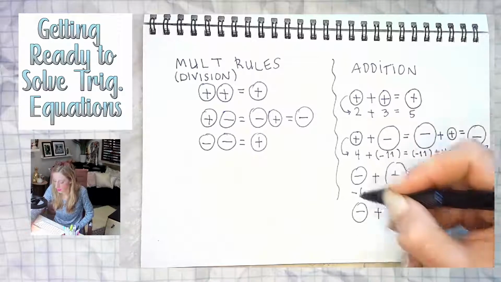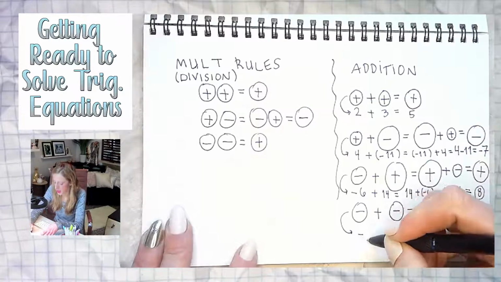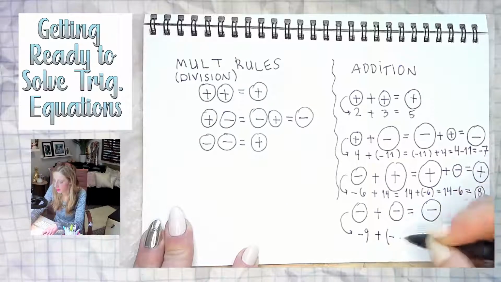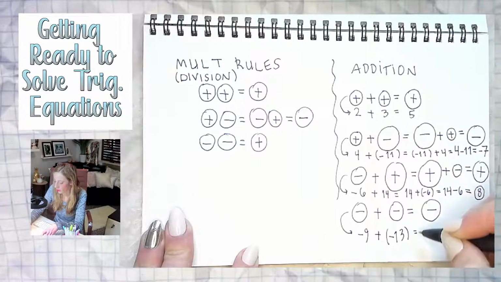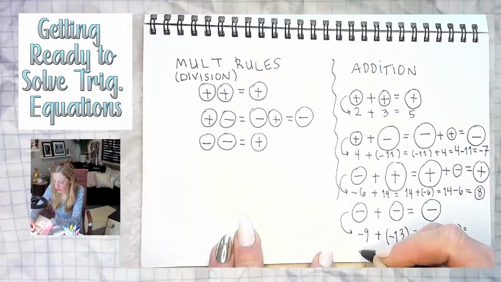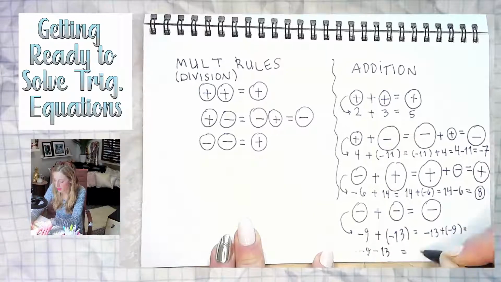Lastly, an example to go with the last one might be something like -9 plus -13, or -13 plus -9, or it could be written as even -9 minus 13, or it could be written as -13 minus 9.